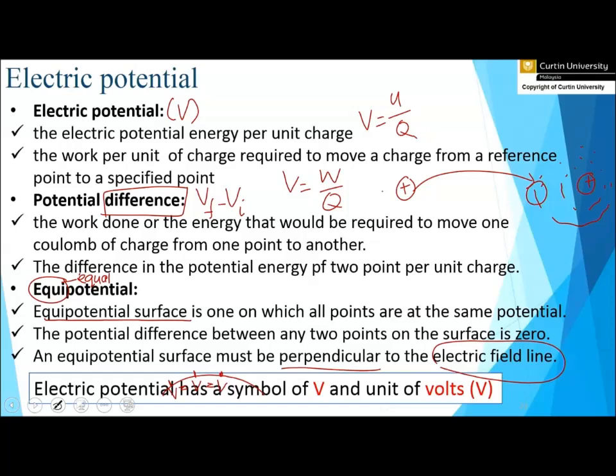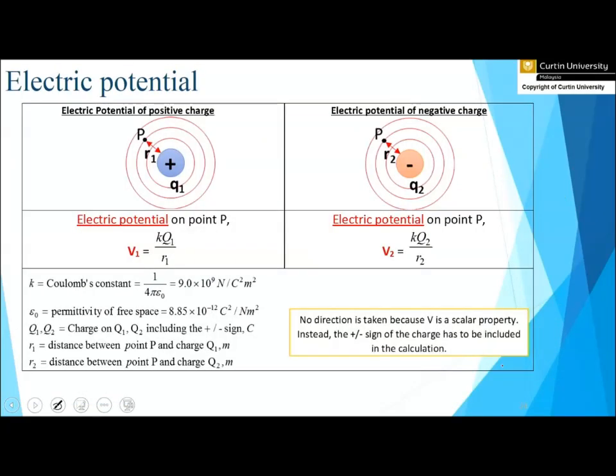And the unit for potential is volts. As I have said before, you just treat potential as voltage, so the unit is volts. If you still remember, electric field lines for a positive charge go radially outward, right?